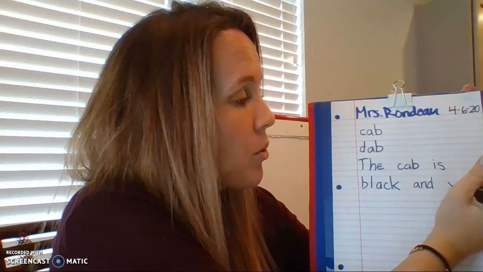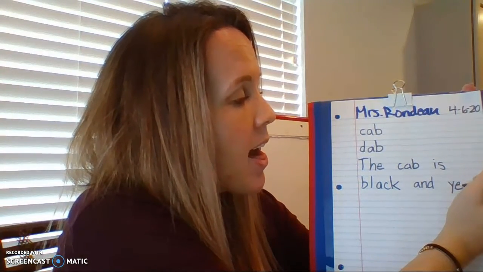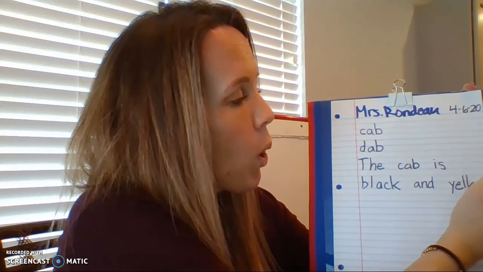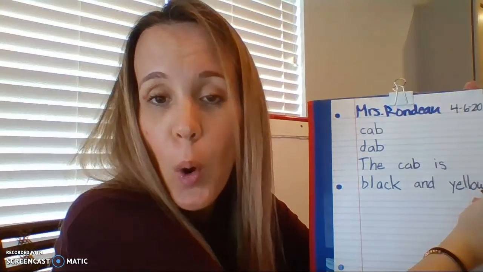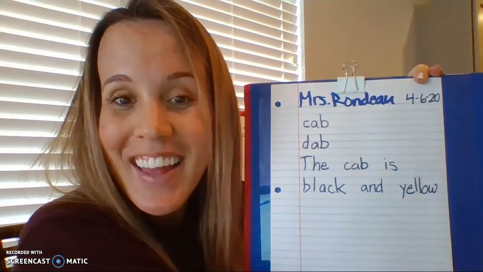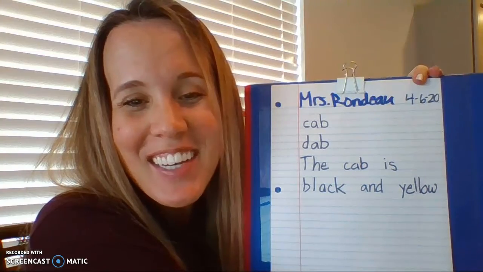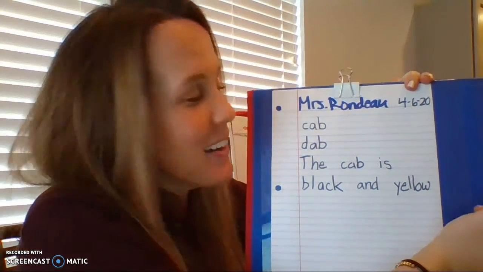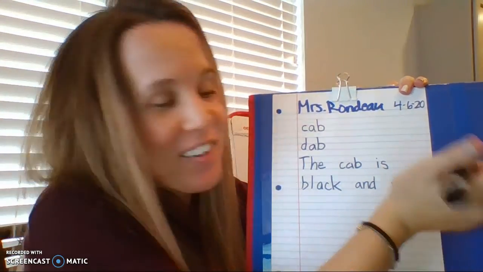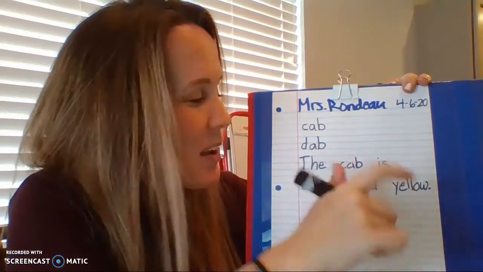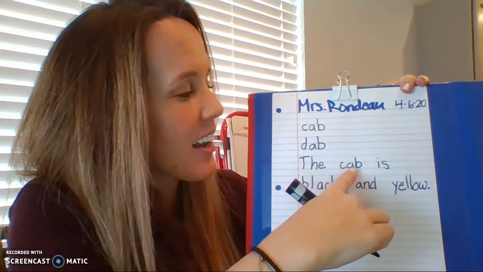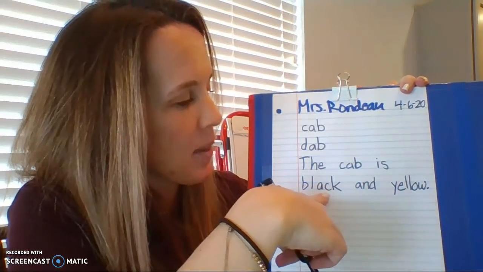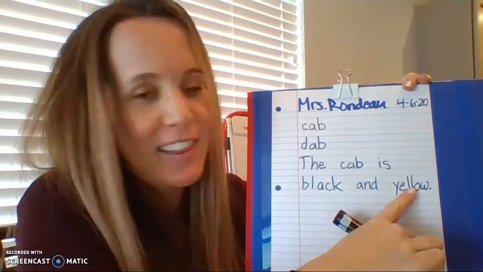Here's how we write yellow. Y. L. O. To make it say O at the end, it's O-W. And then at the end of a sentence, one more thing, what do we need? A period. Good. Read your sentence one more time with me, ready? The cab is black and yellow.